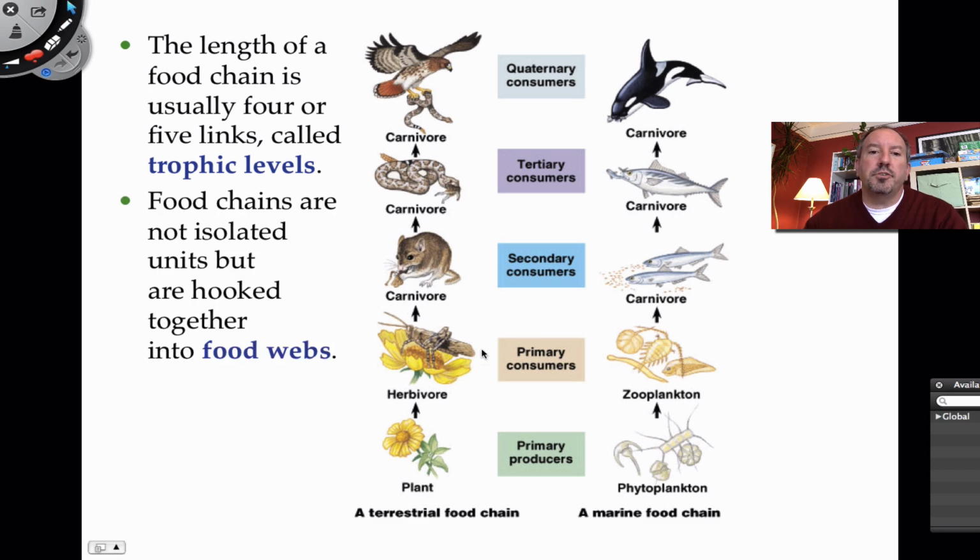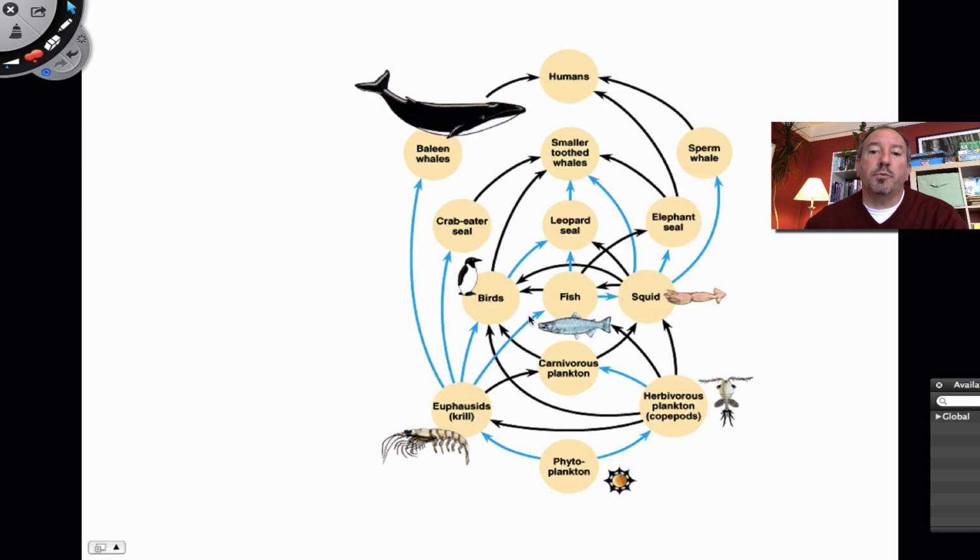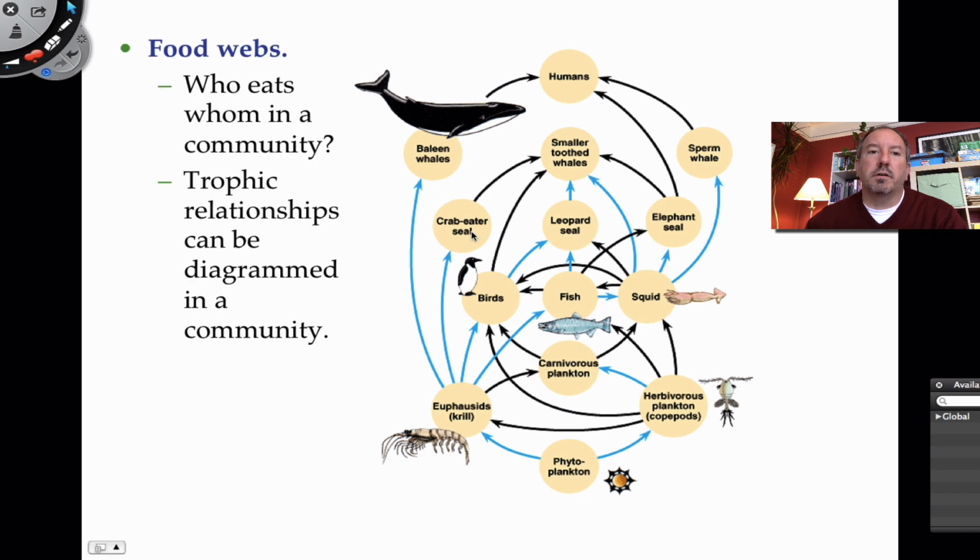So usually these food chains are, again, this is a food chain, but the food web is more realistic. In other words, there are more organisms on each of these trophic levels, and they're eating different things. They're competing, and they're fighting over the food, and you can have a lot of diversity. So, who eats who in the community? These are diagrammed in what we like to call a food web, and they're very intricate.